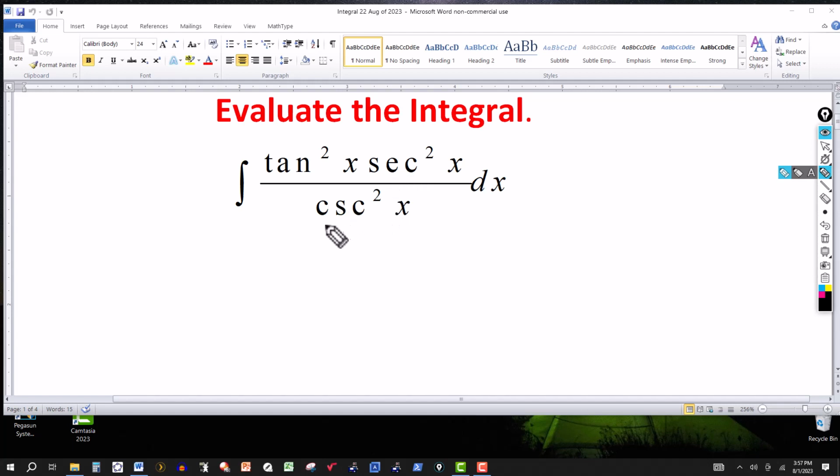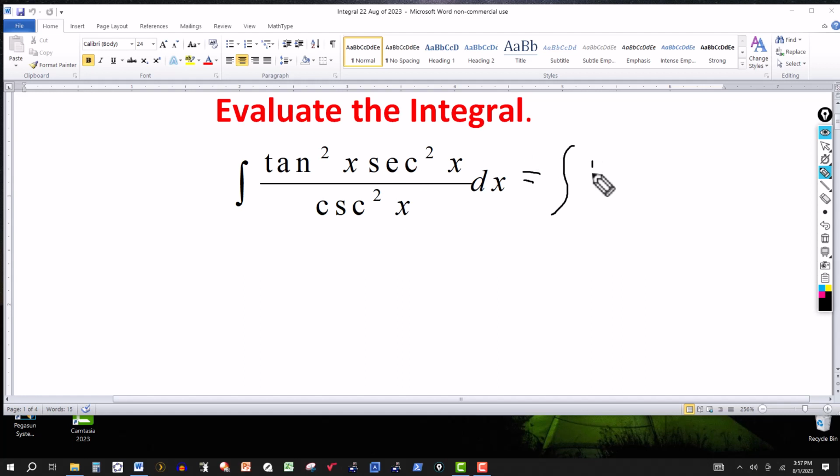So you can look at this denominator here as 1 over sine, and this secant up here as 1 over cosine. So I can bring the secant squared to the denominator, it becomes a cosine. The cosecant squared to the numerator becomes a sine.